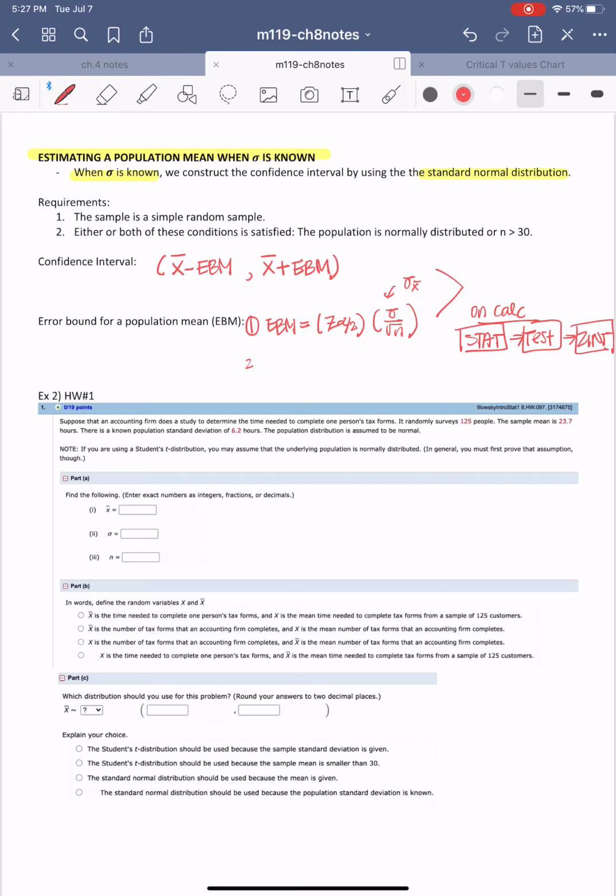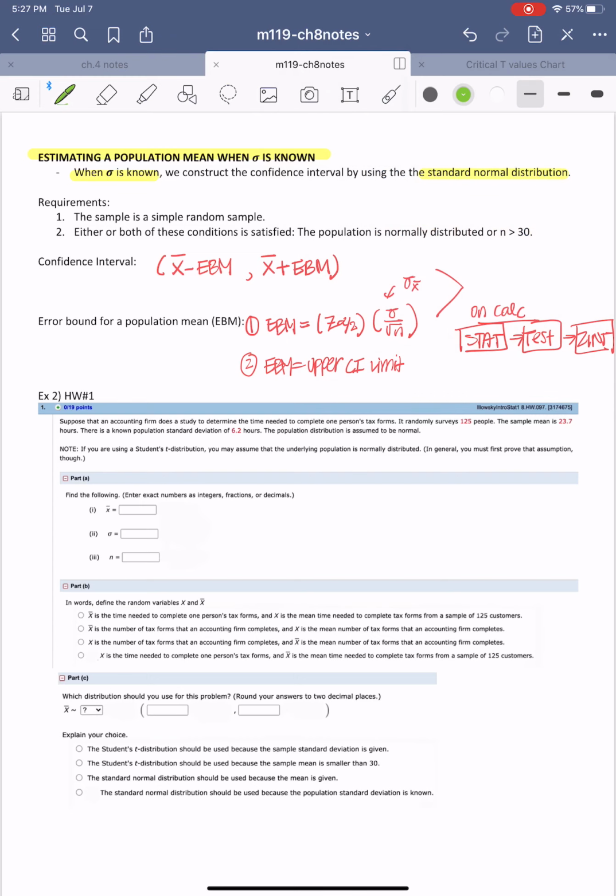Also, if you know the confidence interval, EBM can be found from the upper confidence limit, which is this number here. That's your upper confidence limit.